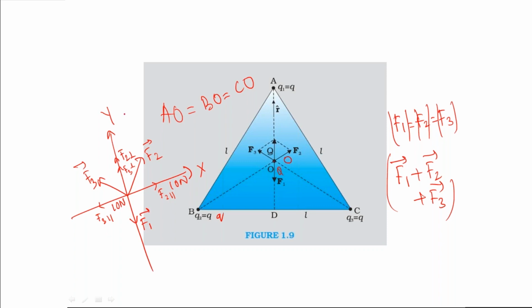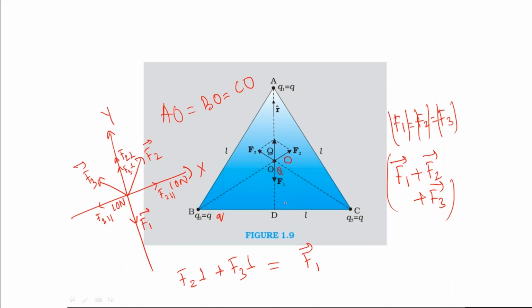Now look, this F2 has a component along this way. So the F2 perpendicular component plus the F3 perpendicular component will be such that their sum will be equal to the force of F1, which is in the downward direction.